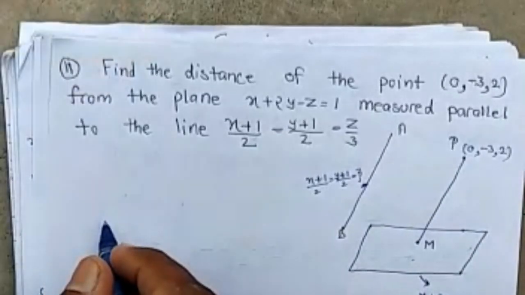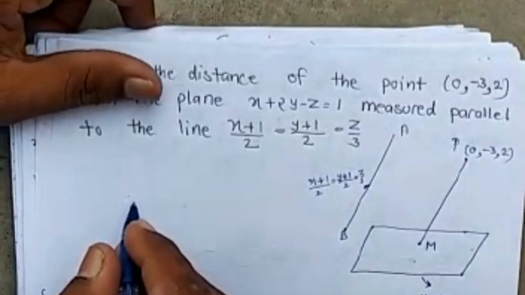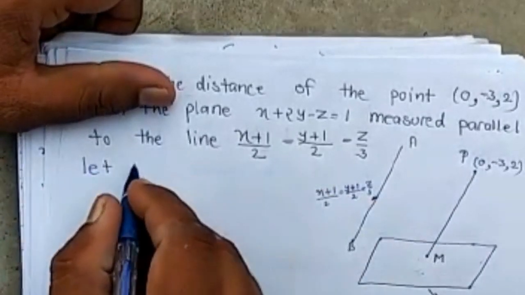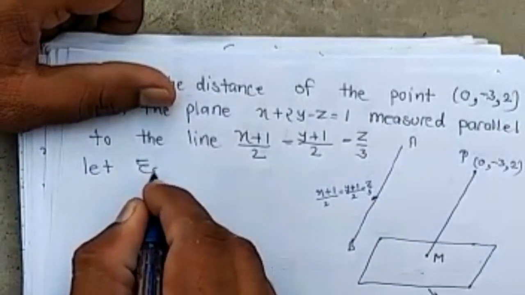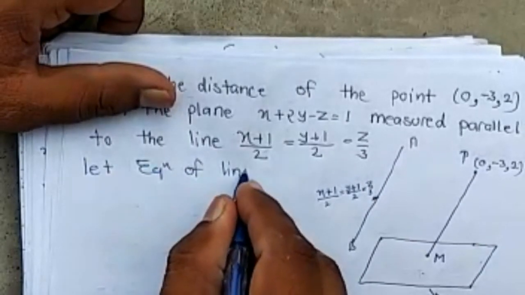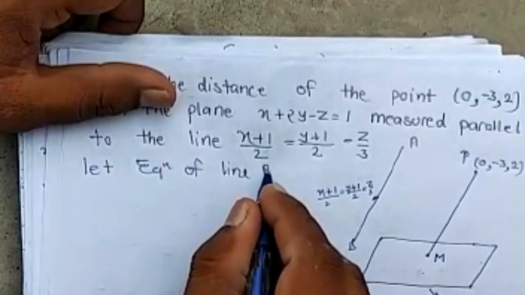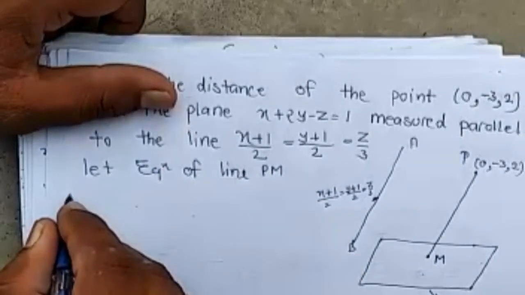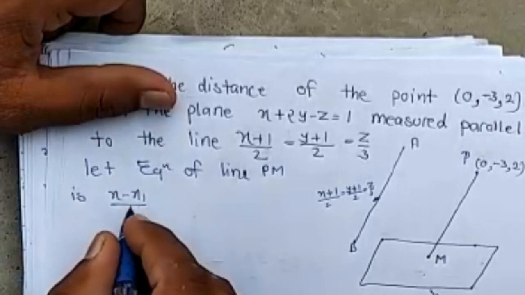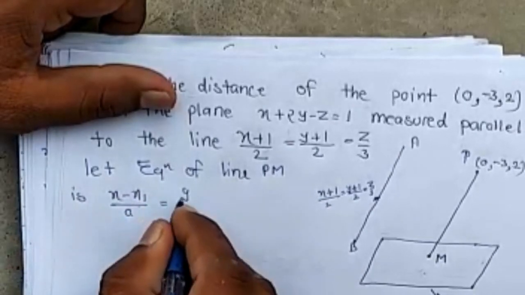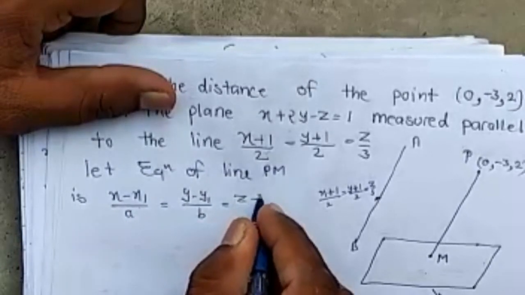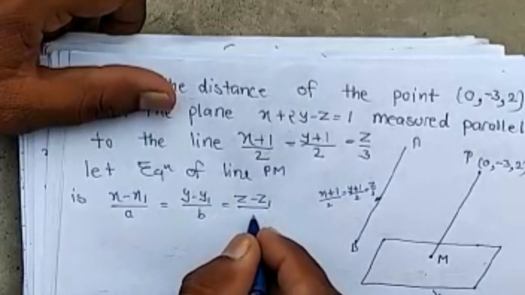Let equation of line PM is (x - x1)/A = (y - y1)/B = (z - z1)/C.